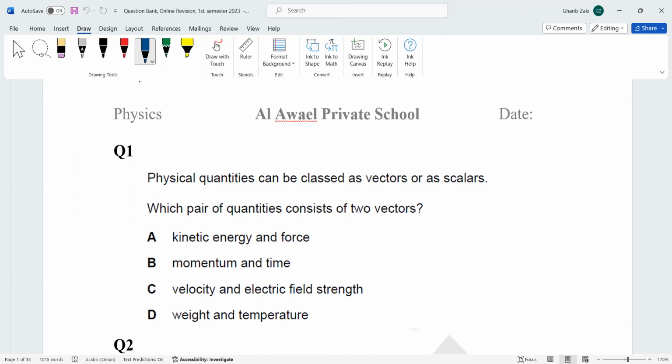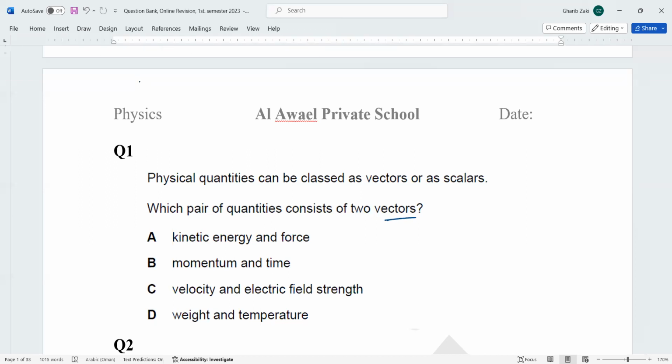Force is vector. So which two of them are vectors? Part C, velocity and electric field strength.